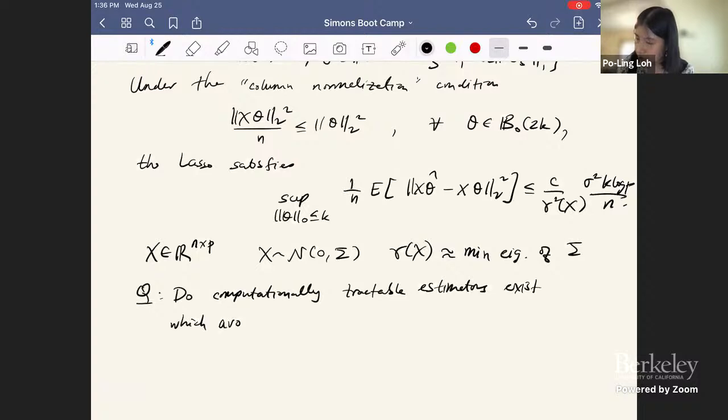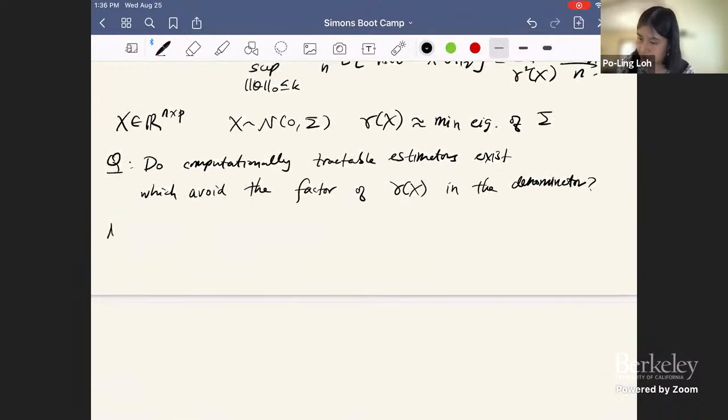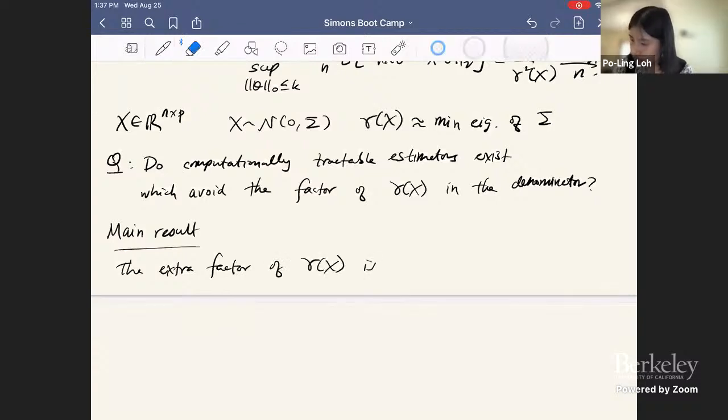Which avoid the factor of gamma of x in the denominator. Okay, and the main result is that the answer is no. So this is the result of Zhang et al. All right, so colloquially, the extra factor of gamma of x is actually a little bit stronger than that.